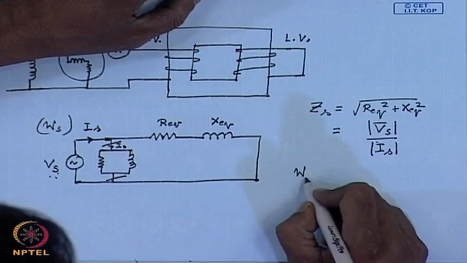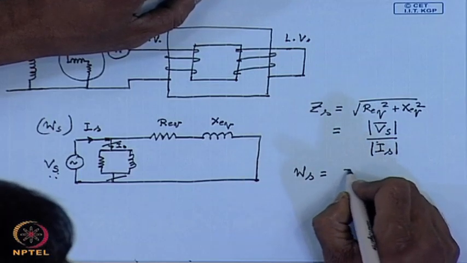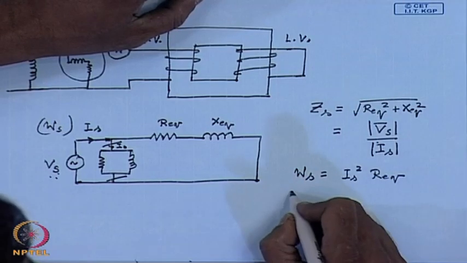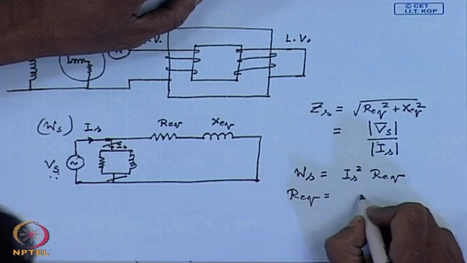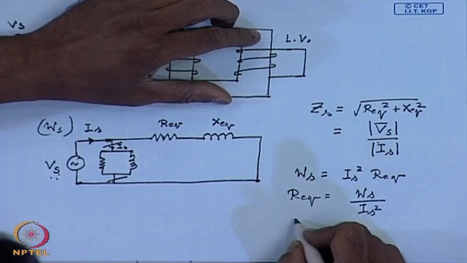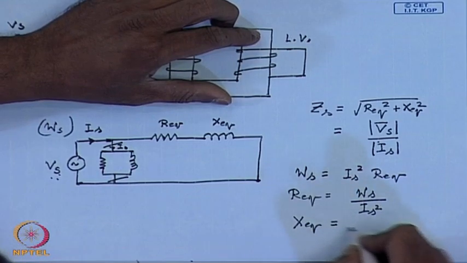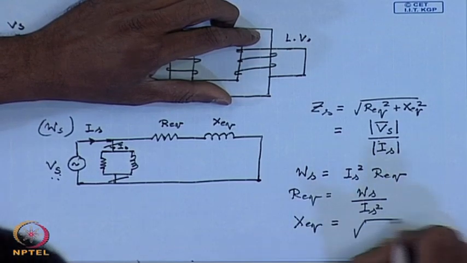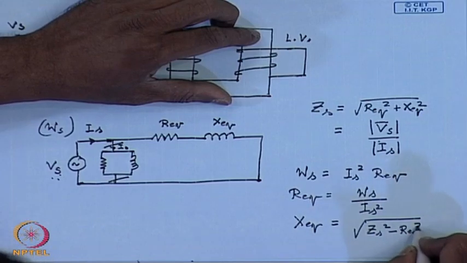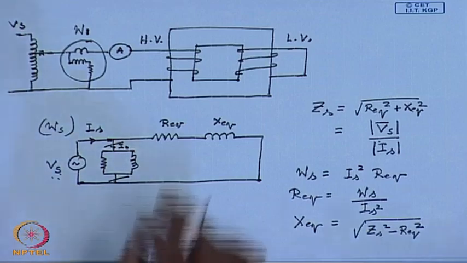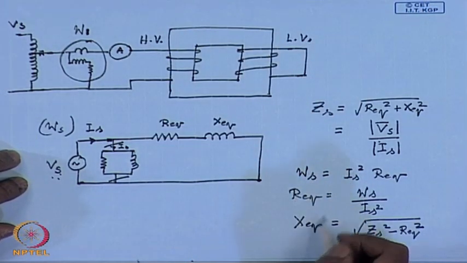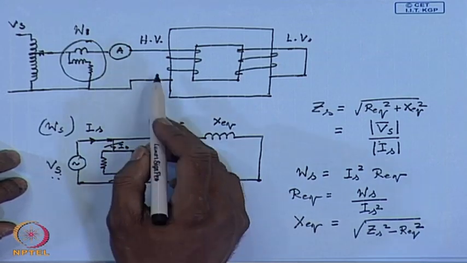Therefore, Ws equals Is square Req, hence Req equals Ws divided by Is square, hence Xeq equals square root of Zs square minus Req square. Just as in this case, Req and Xeq are now found referred to the HV side.